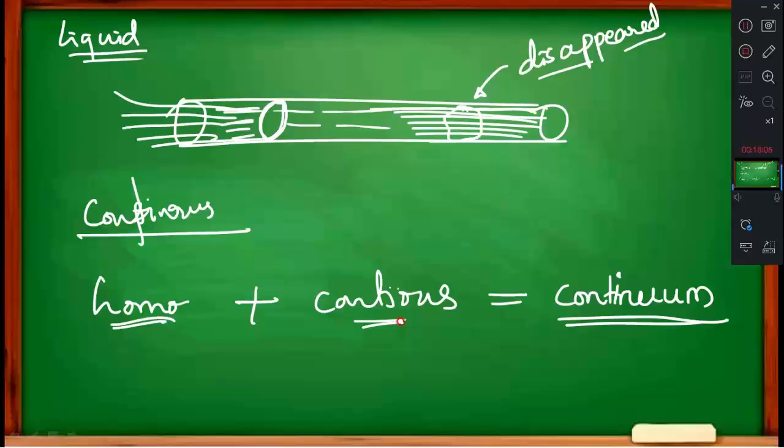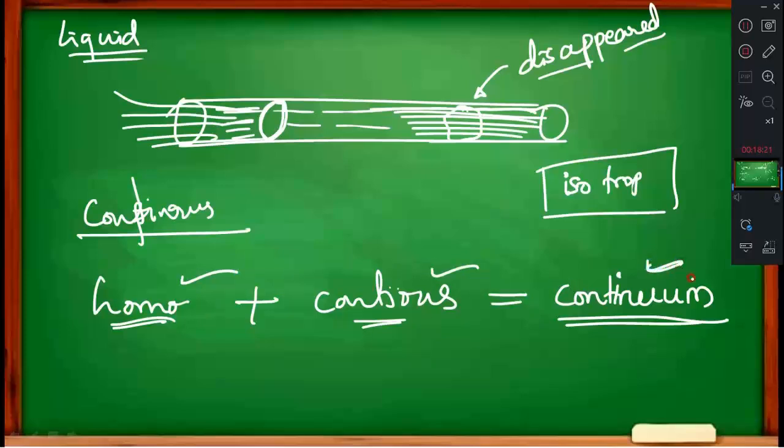Here we will not use the word isotropic, because we don't know whether the property is the same in all directions or not. Therefore we will not make this assumption. We want homogeneous and continuous, and if both are satisfied, then we will call the fluid a continuum. Right? Do you have any doubts?